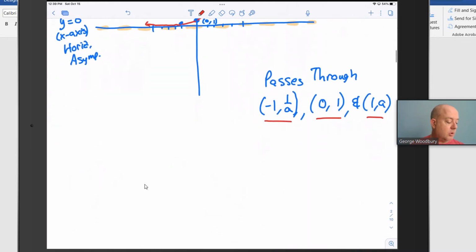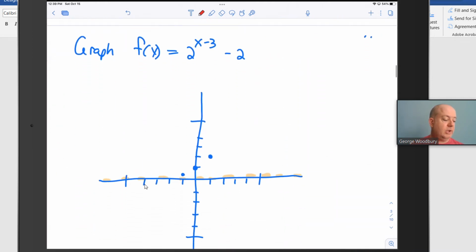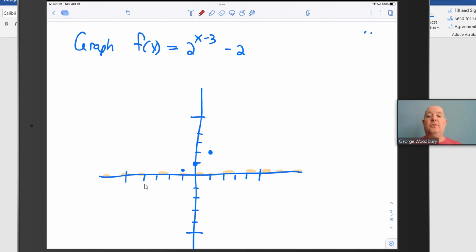So the function we're going to work with is 2 to the x minus 3 power minus 2. And on the graph, I put 3 points that go with f of x equals 2 to the x, no shifting.